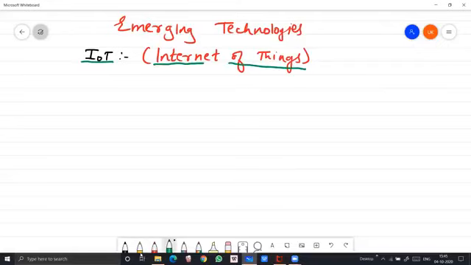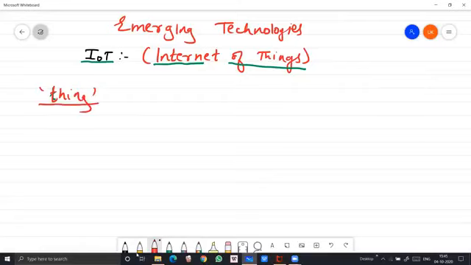Now, what is referred to as a thing in the context of IoT? Let's have a look at what is called a thing, because it is Internet of Things.